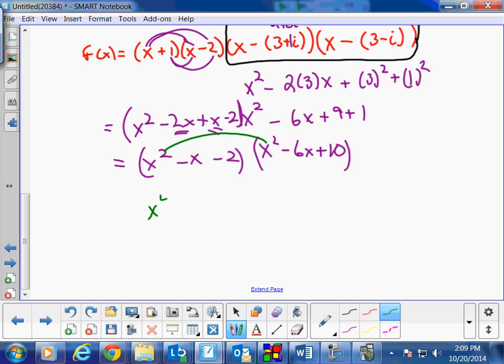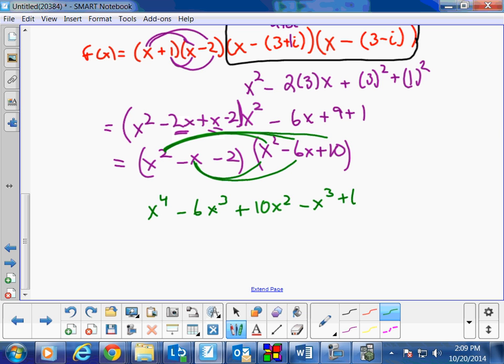And you should end up with x to the fourth minus 6x cubed plus 10x squared. And then you start doing the next one. Minus x cubed plus 6x squared minus 10x.